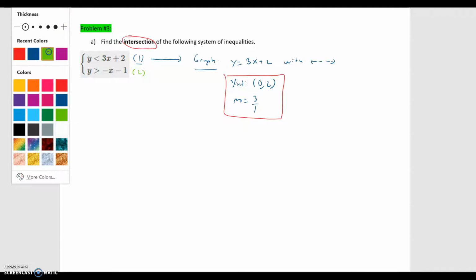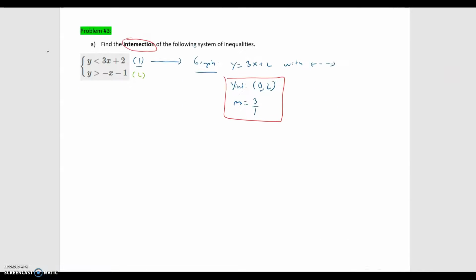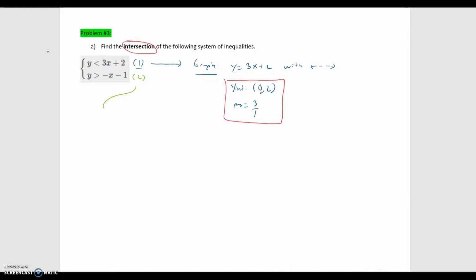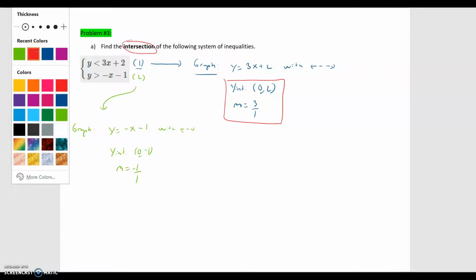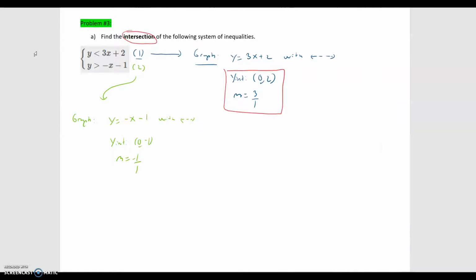The information for the second line is as follows. So we're going to graph y is equal to negative x minus 1, also with a dotted line. The y-intercept is 0, negative 1, and a slope of negative 1/1. That's the important information on the second one.